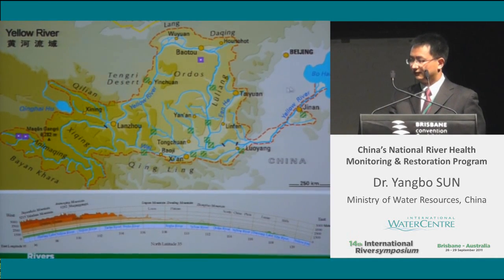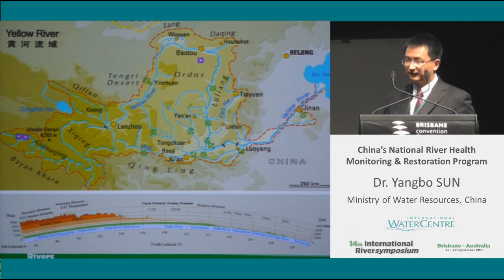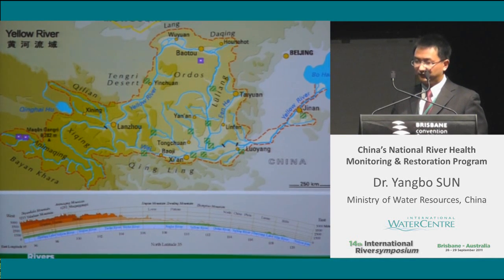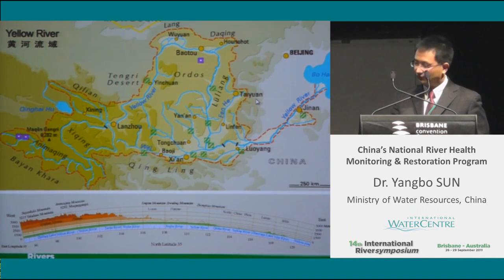Some 20 years ago, this river dried up, from the river mouth to Luoyang city, a total of 800 kilometers of the lower Yellow River, which caused severe environmental impact and deterioration of the ecological system. So this research focused on how to provide a solution to restore the environmental flow and keep this river healthy.